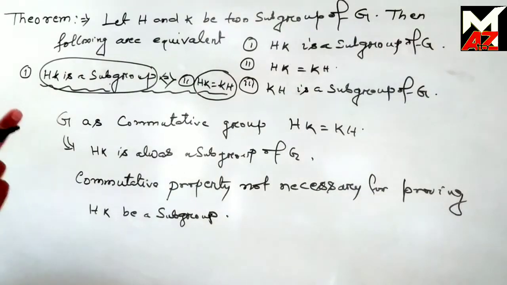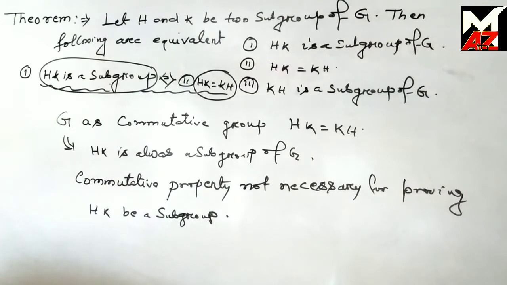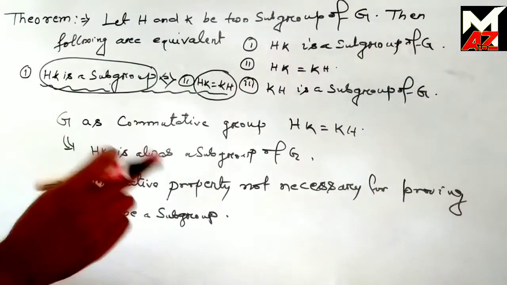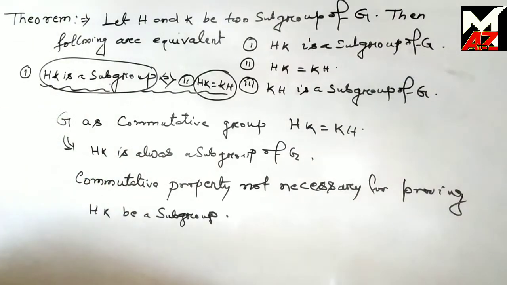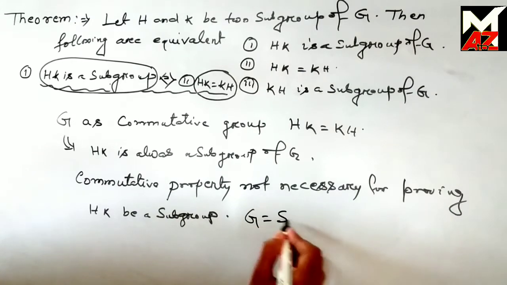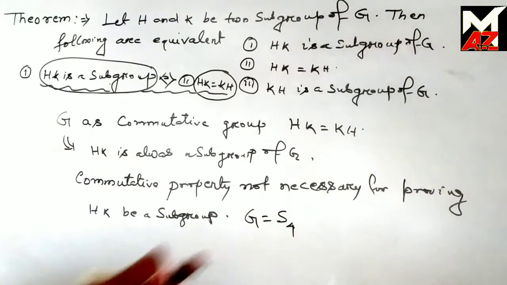because here we get an example of a non-commutative group, but HK is also a subgroup of G if H and K are subgroups. We know that if we take G equal to S4, that is the symmetric group of 4 symbols, this must be a non-commutative group.